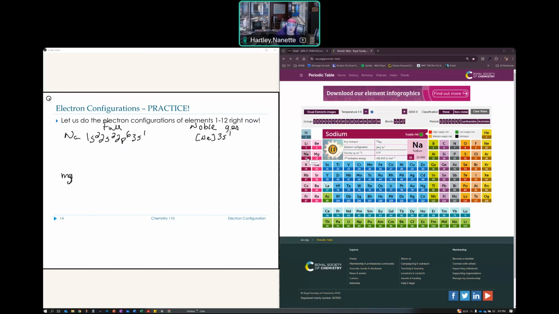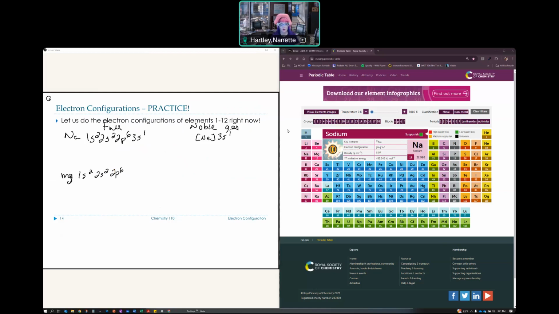When we talk about our Mg, you're still talking about that core that I had before. So 1s2, 2s2, 2p6.